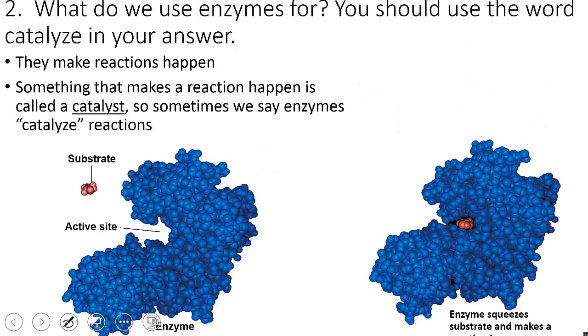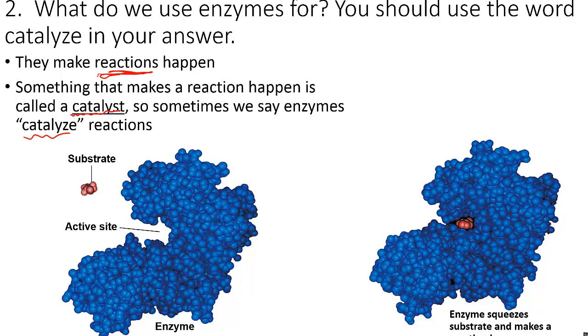So what do we use enzymes for? Well, you just saw it. They make reactions happen. We make reactions between things in our body happen. And something that makes a reaction happen is called a catalyst. So we say enzymes catalyze reactions because they are catalysts.